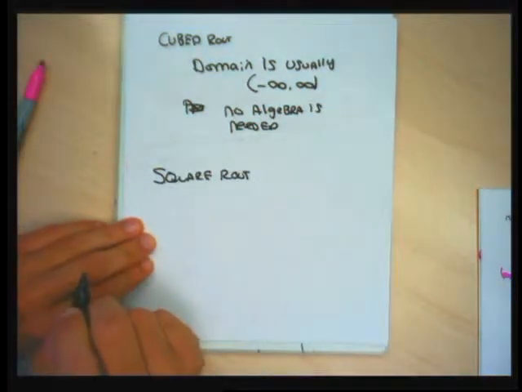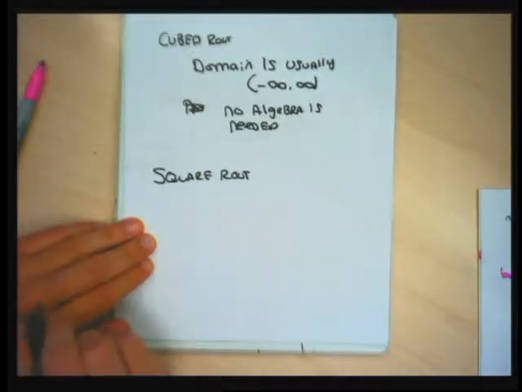I don't need to make a table. I don't need to sketch a graph. If I see a cube root, in general, I can bank on the domain being negative to positive infinity, which is the same as all real numbers.